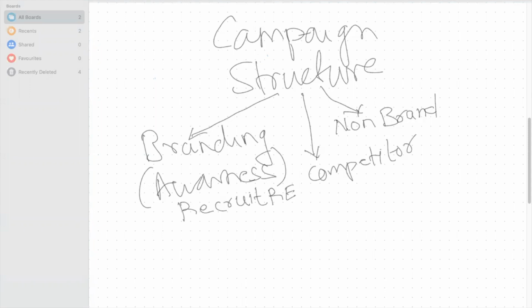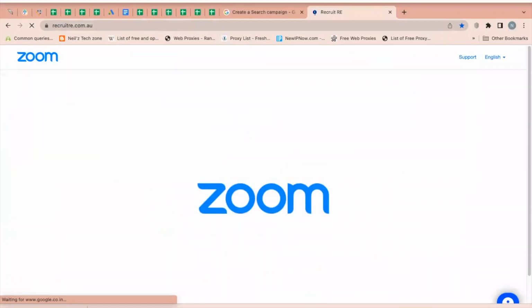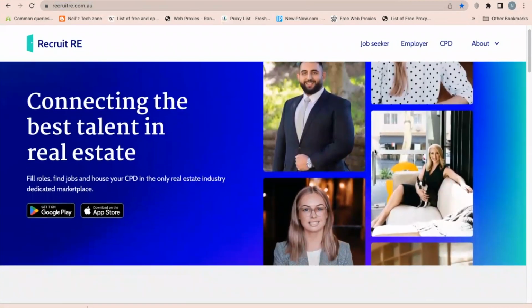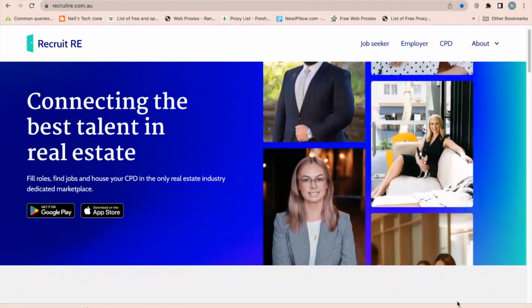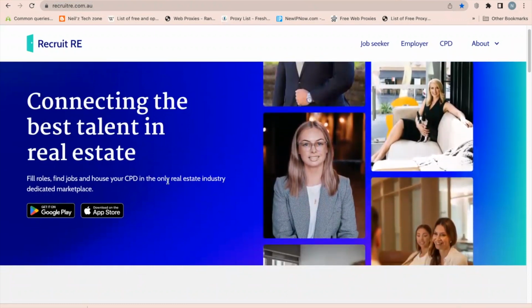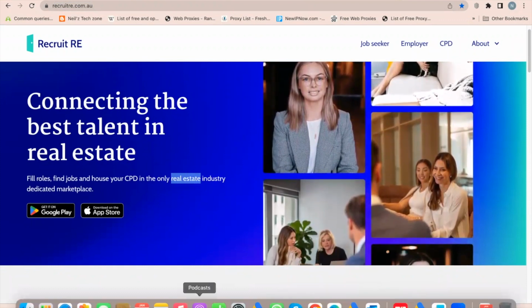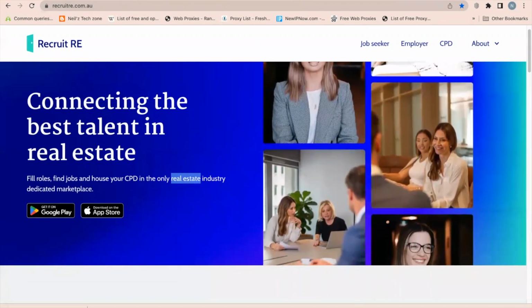Let me open a browser here and show it to you. This is the client. They are actually a job website, but focusing only on real estate. So when you saw that structure over there, those are all branding campaigns.